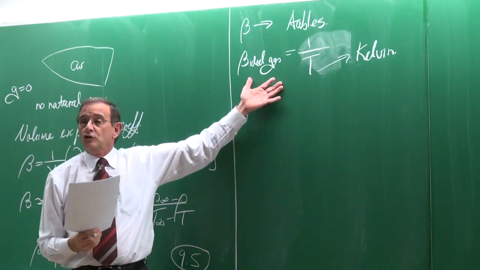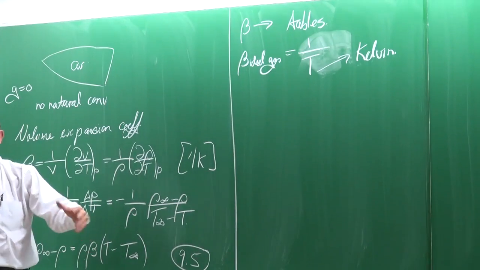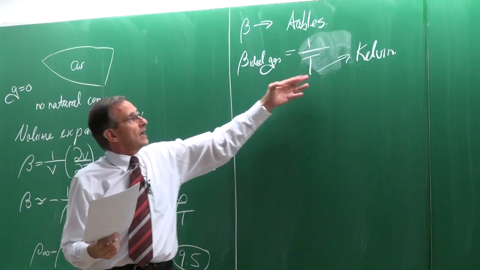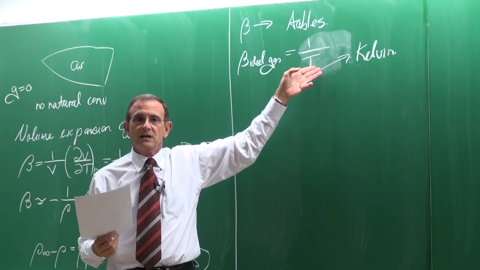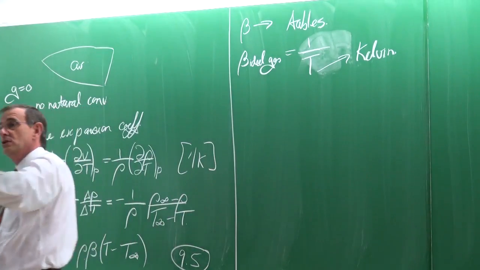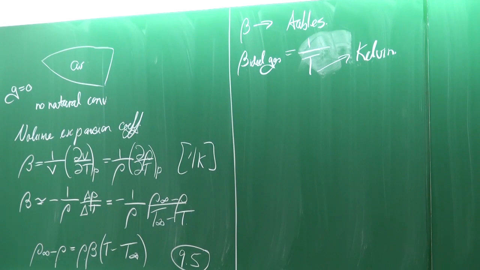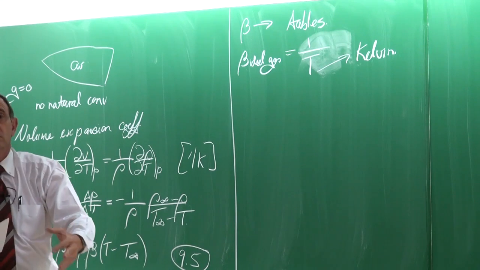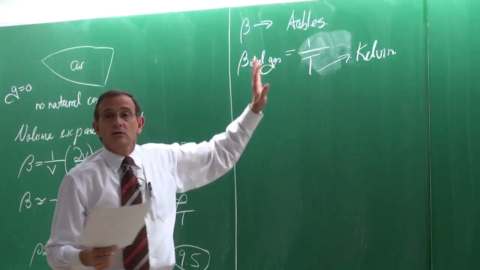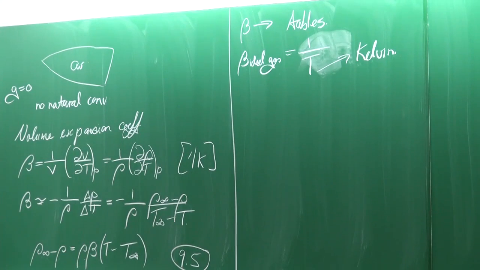So, if you do a few calculations and you work with air, then you can make this approximation very quickly, 1 divided by the temperature. However, remember it's an approximation. There are more accurate values available, and rather use them. But in some cases, you can make this assumption.